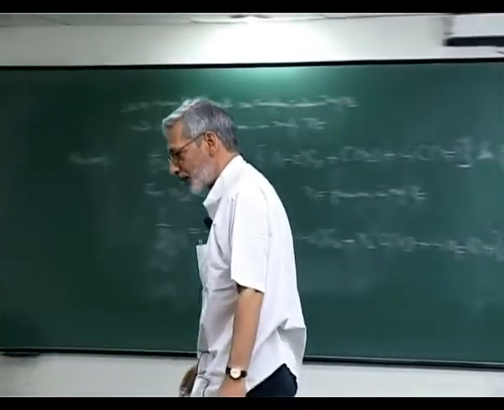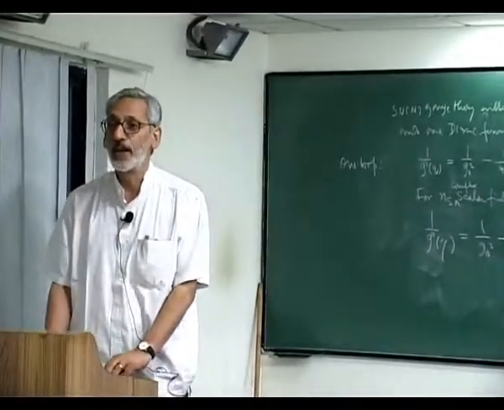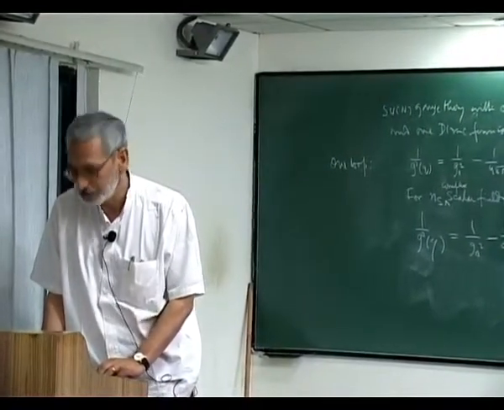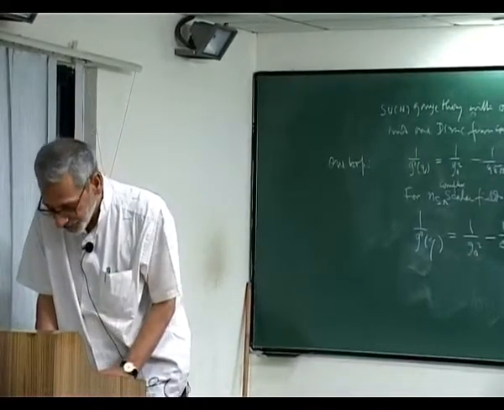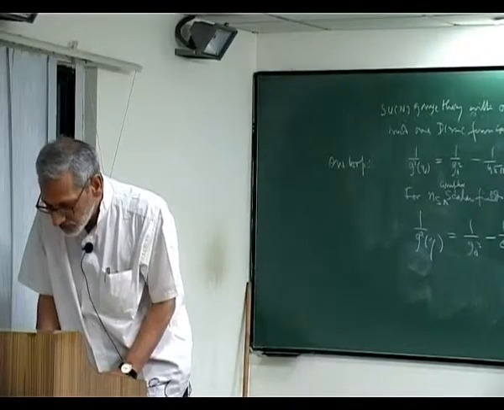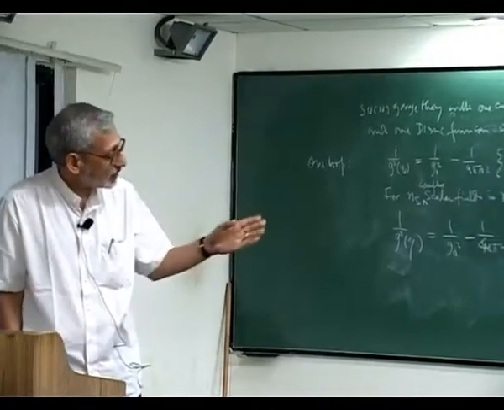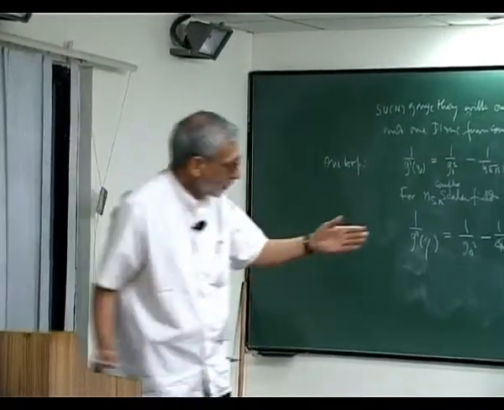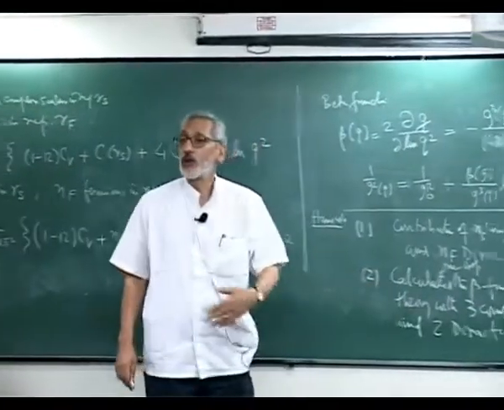It was not an easy property to discover. It took many years for people to discover this simple property of n equal to 4 Yang-Mills theory. Of course, in the way we set up this theory, whatever nice answer you will get here is not true to all loops.